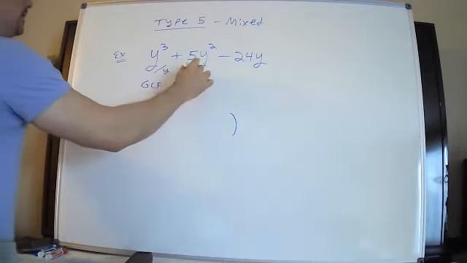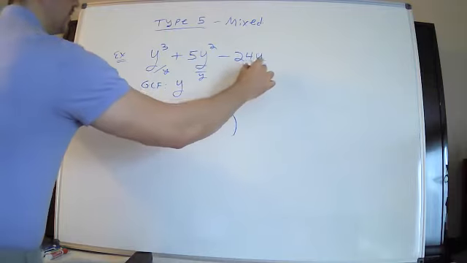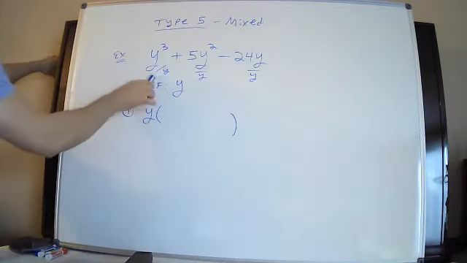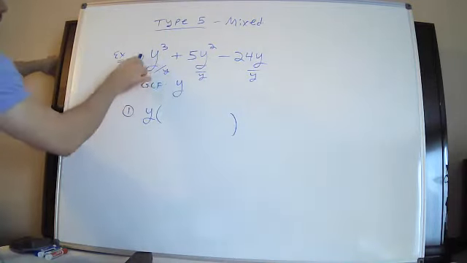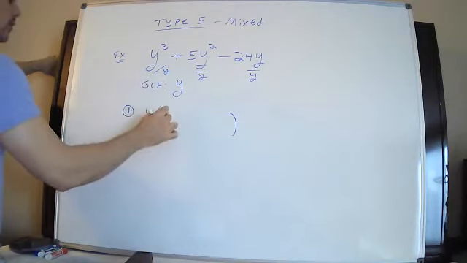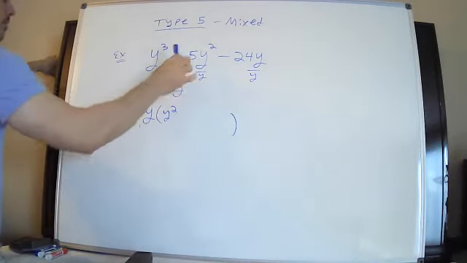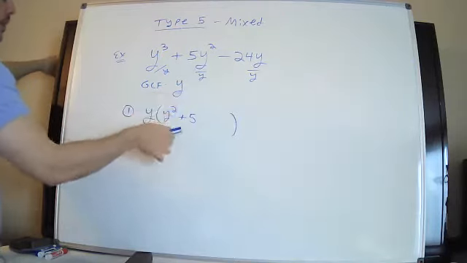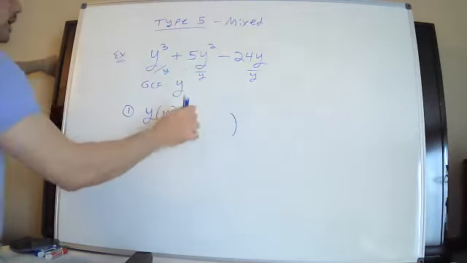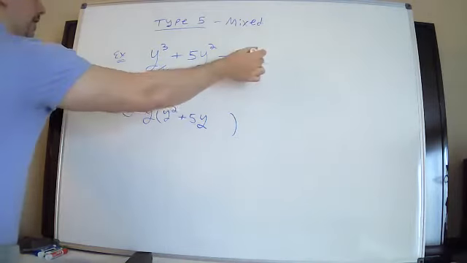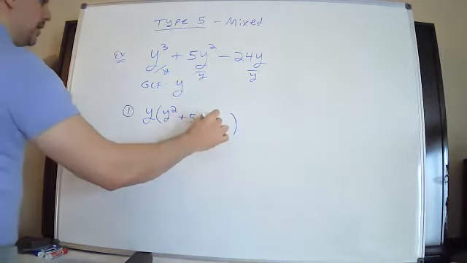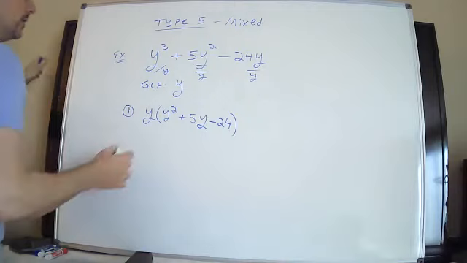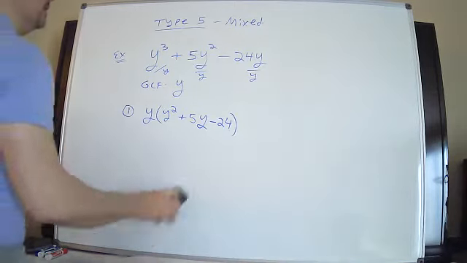And again, if you need to do this, put the y underneath each of them. Y cubed divided by y to the 1 is y squared. The plus 5 is not being affected by the y. Leave it there. Y squared divided by y to the 1 is y. This y and this y cross out, and you're left with 24.